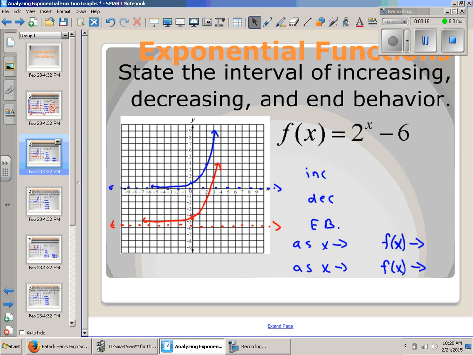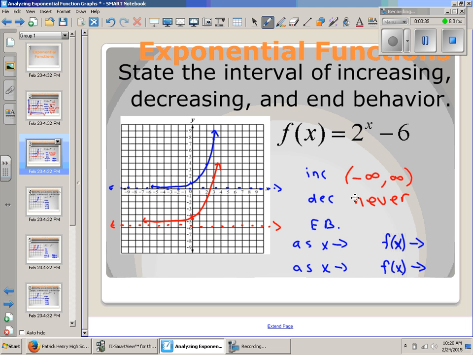And now let's do increasing and decreasing. If we notice, looking at my red graph here, the red graph never is going down. So that means it's going up between -infinity and infinity.